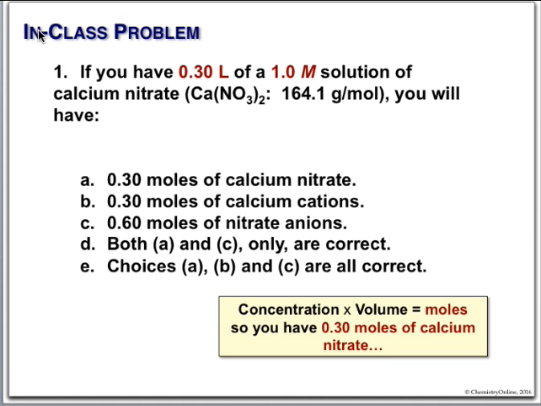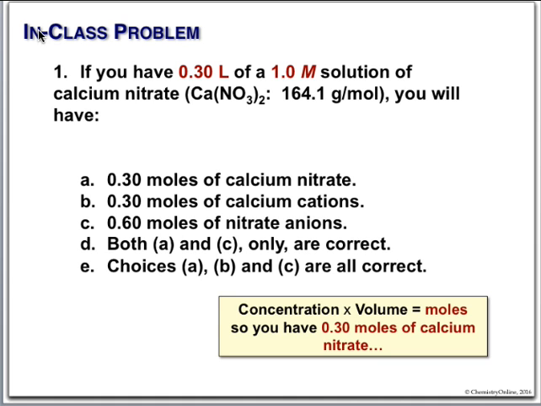Okay, so you could do that in your head. So let's look at our answers here. Our first one is 0.3 moles of calcium nitrate. That's good. Now, the next one is 0.3 moles of calcium cations. If you look at the formula for calcium nitrate, every calcium nitrate has 1 calcium.